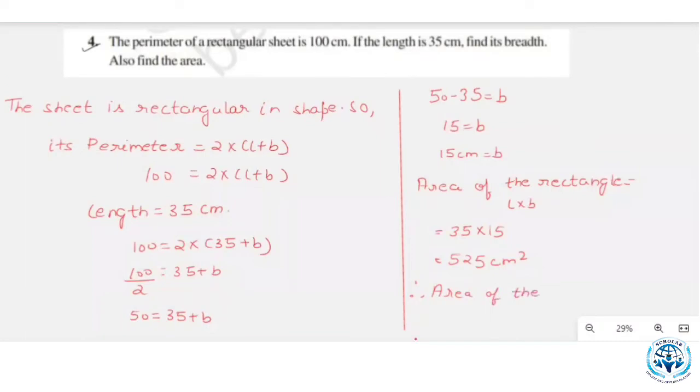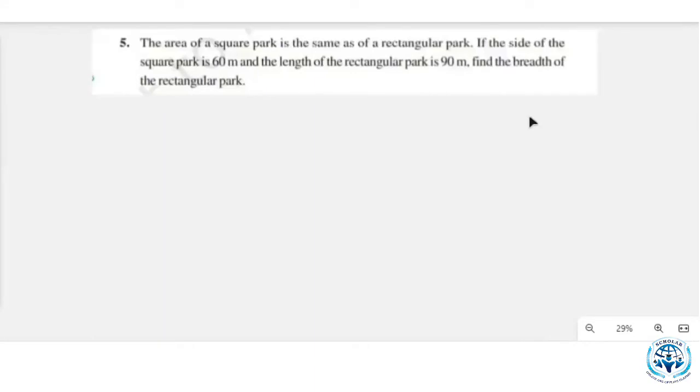Therefore, area of the rectangular sheet is 525 centimeter square. Fifth question is, the area of a square park is the same as of a rectangular park.